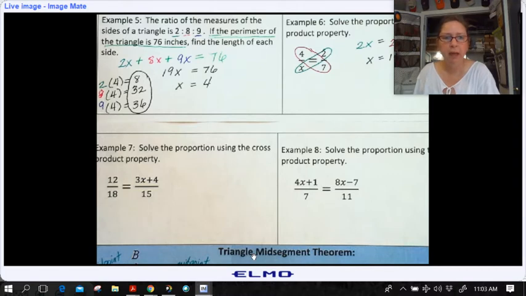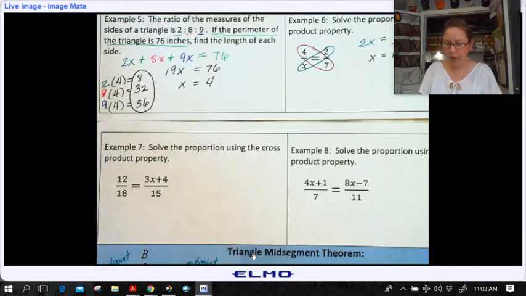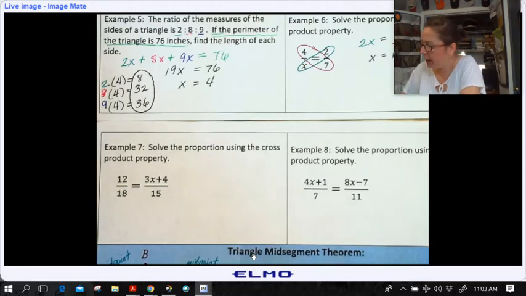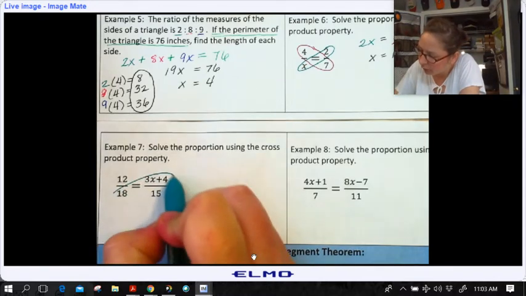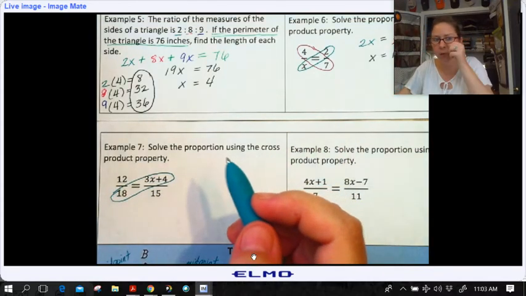Solve the proportion again using the cross product property. So same situation. Let's go ahead and cross multiply these. Okay, cross multiply.